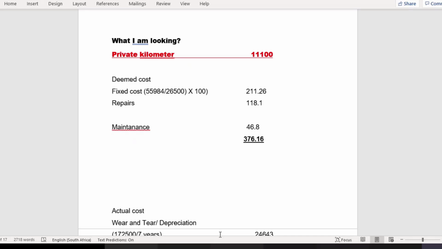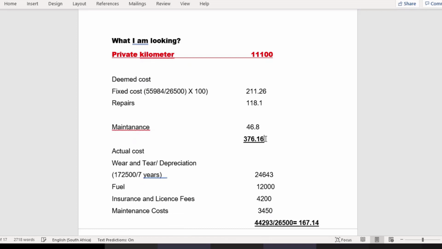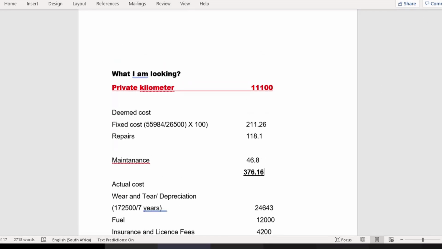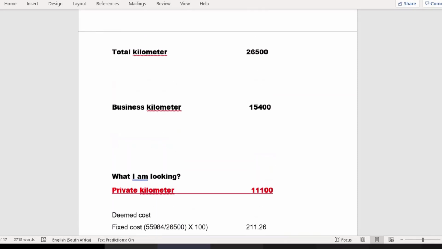From the first learning unit? No, sir, it was on the total kilometers. We just take it from the question, also the business kilometers were in the question. Then we calculated what we're looking for.